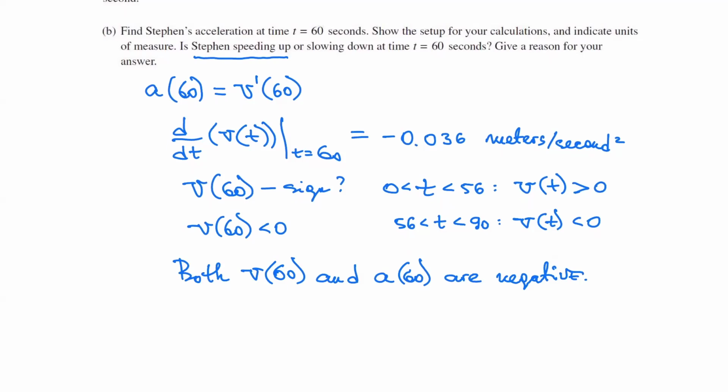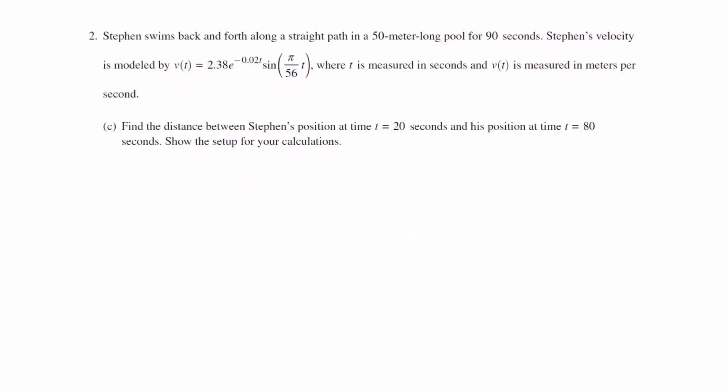Let's move on to part C. In this part of the question, we need to find the distance between Stephen's position at time t equals 20 seconds and his position at time t equals 80 seconds. Let's again draw the chart for the velocities from part A and sketch it approximately.